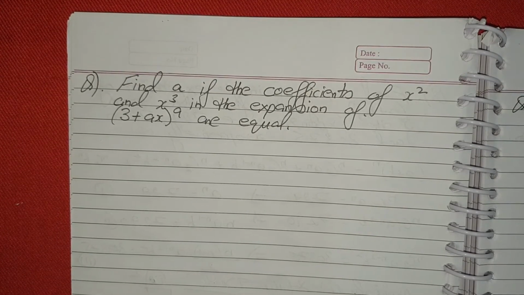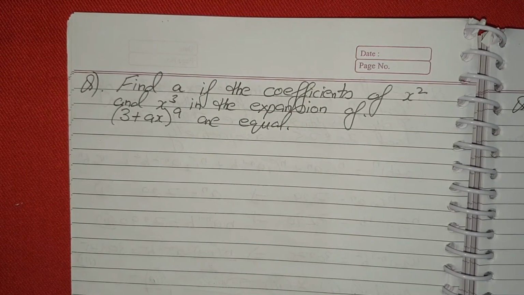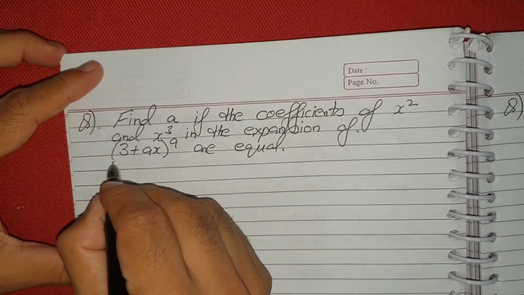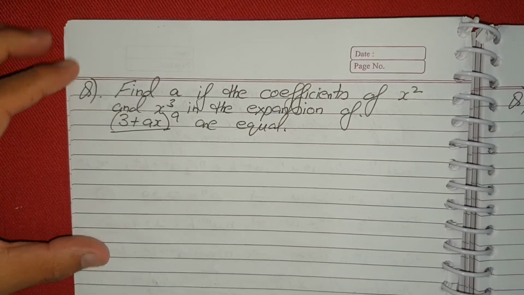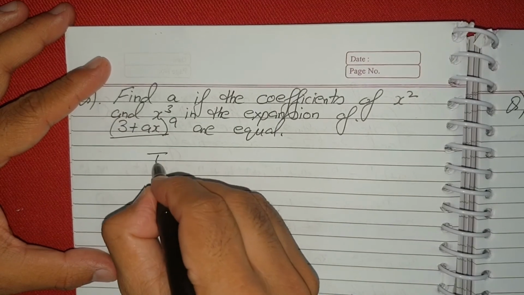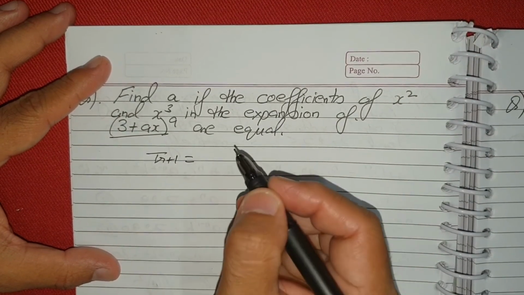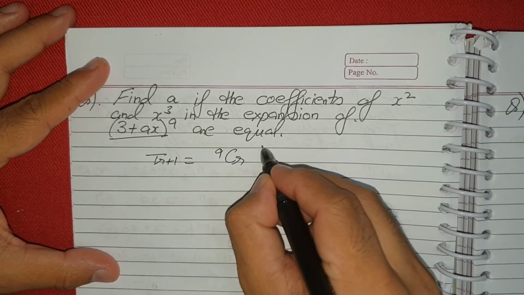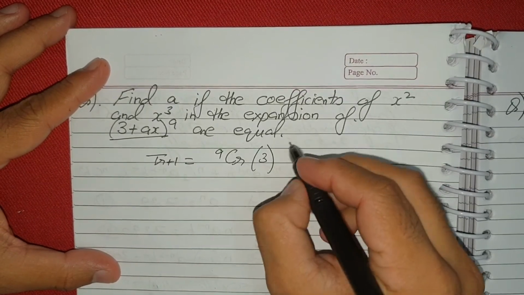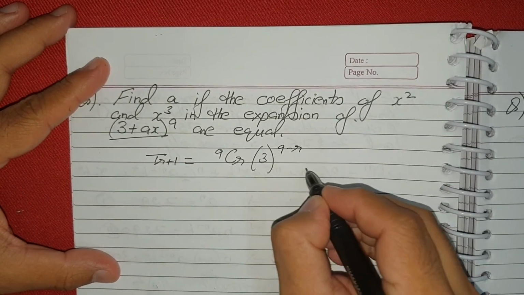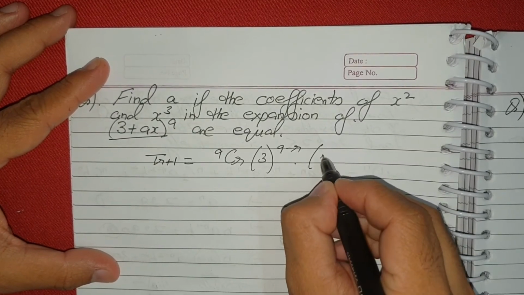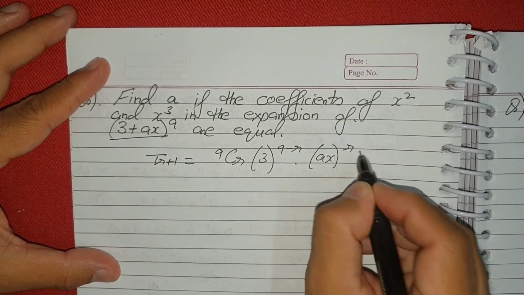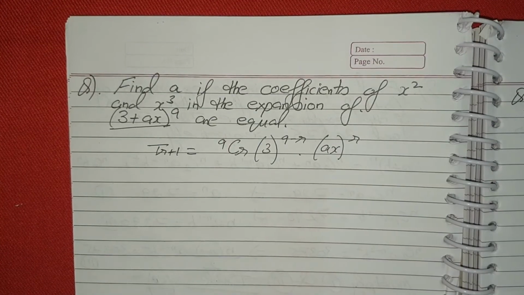Okay, the general term in the expansion of this will be T(r+1), which is equal to 9Cr 3 to the power 9 minus r into (ax) to the power r, or you can write a to the power r, x to the power r.